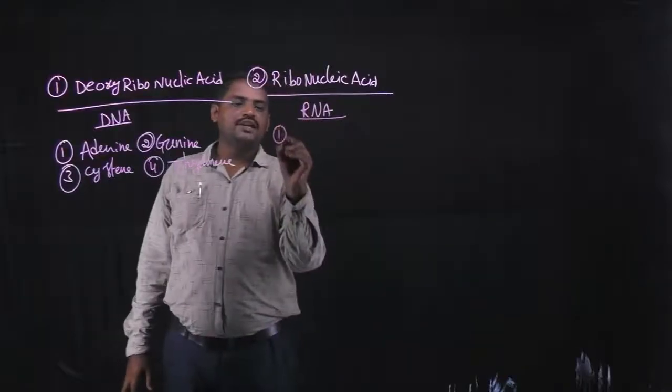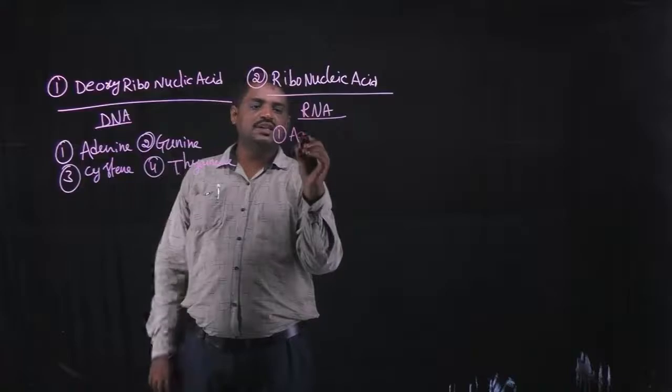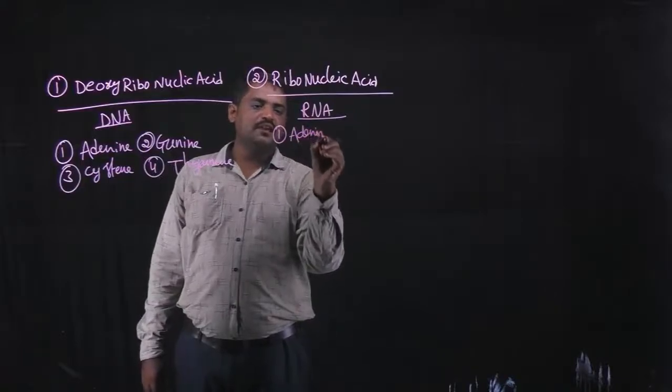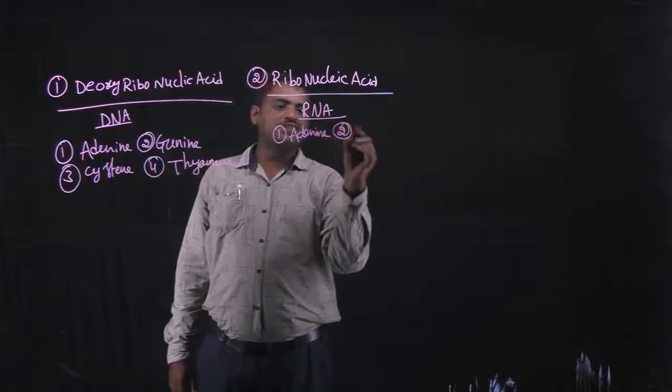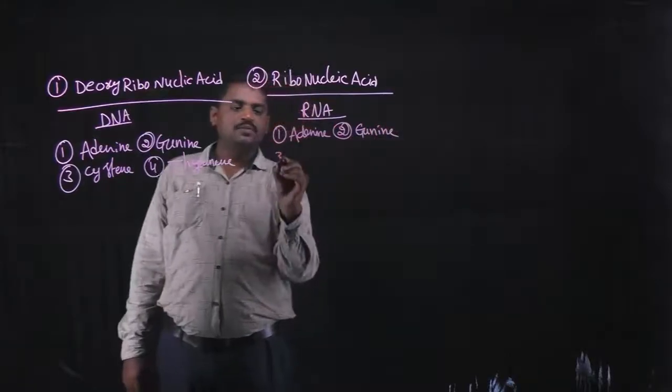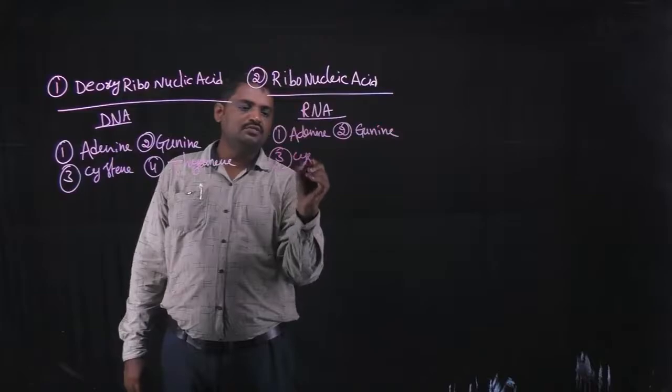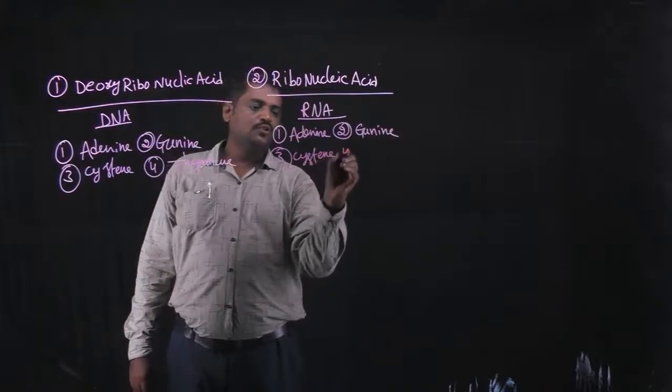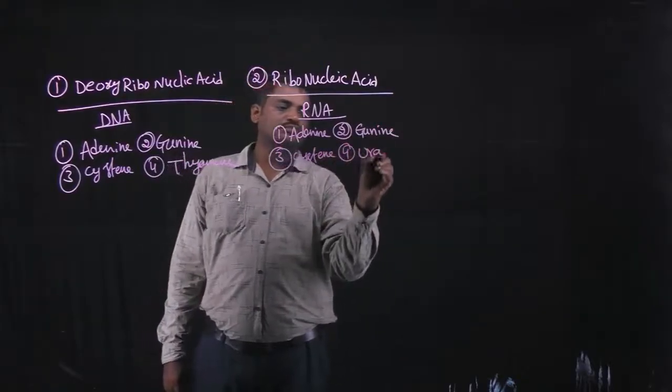The first base is adenine, the second base is guanine, the third base is cytosine, and the fourth one is uracil.